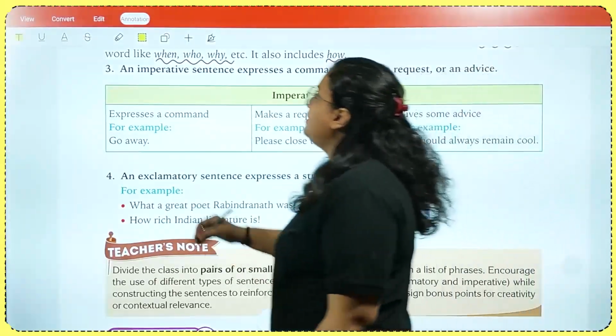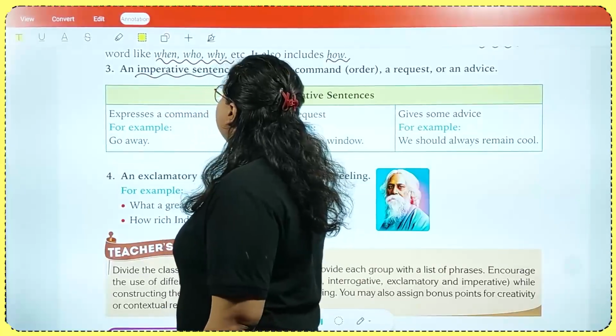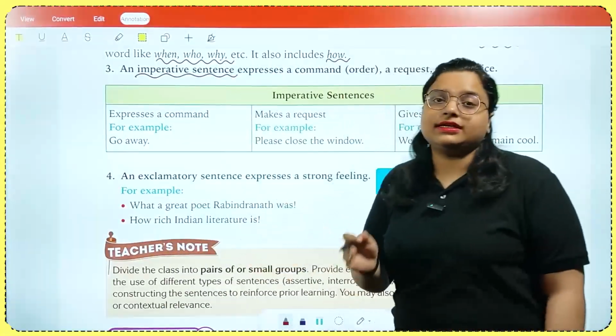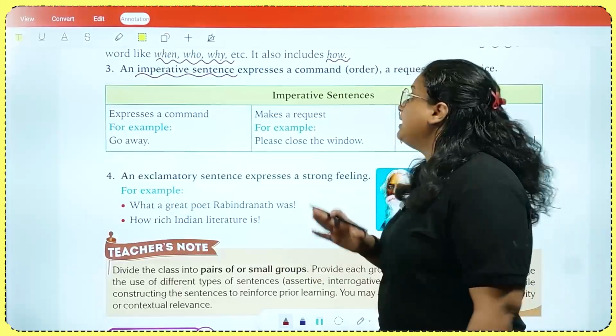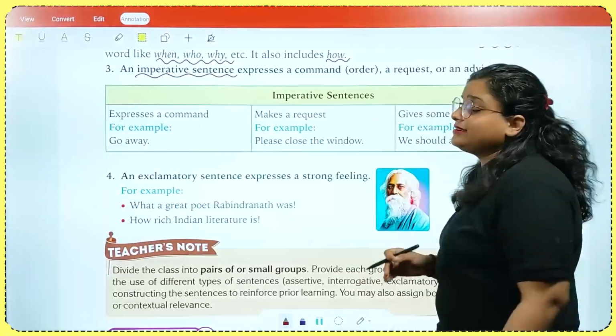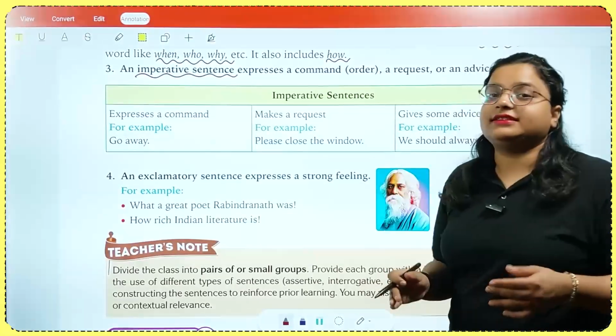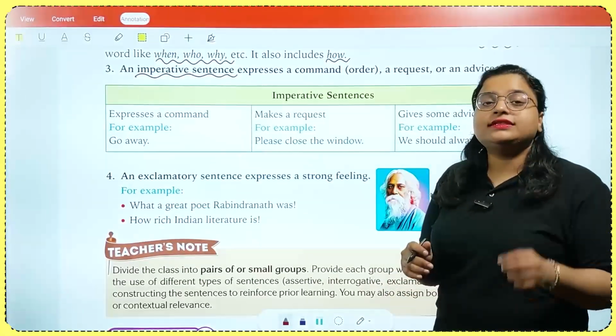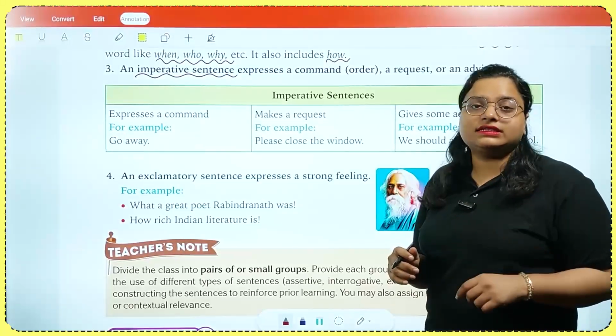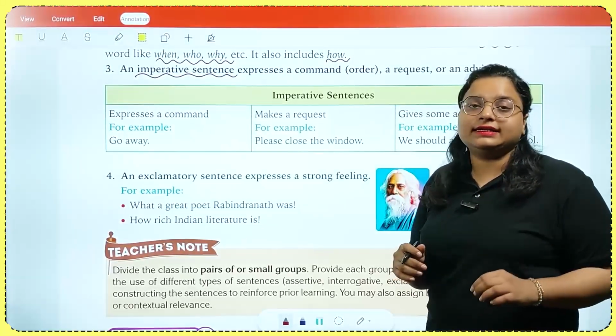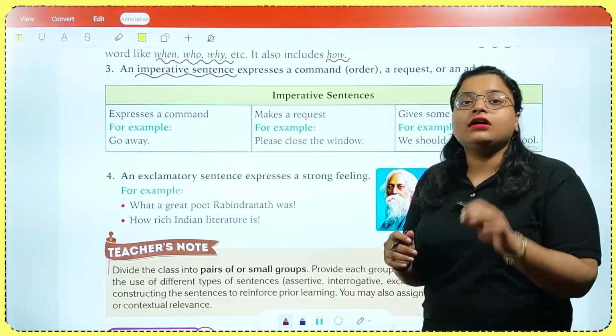Now हमारे थर्ड टाइप के सेंटेंस है imperative sentence. और वो क्या बता रहे हैं हमें? Imperative sentences are telling you they're expressing a command or order. ठीक है। अगर आप किसी को ऑर्डर देते हैं, you have to do this. So this is an imperative sentence. You have to go to school daily. ठीक है। So this is an order.